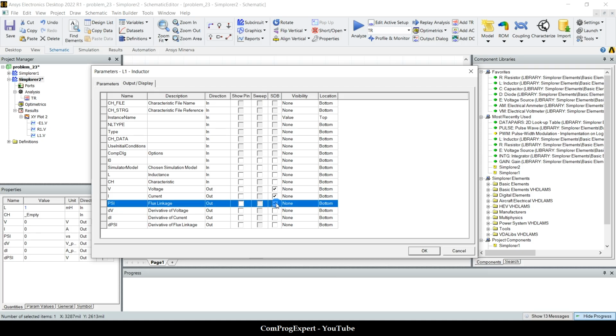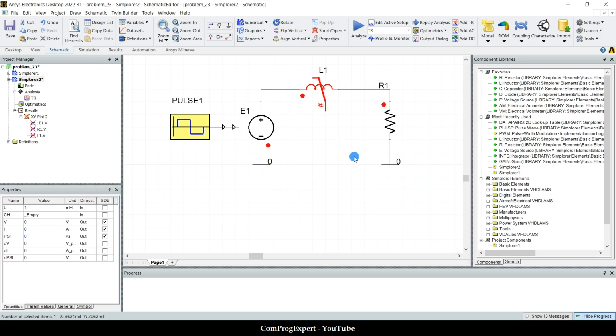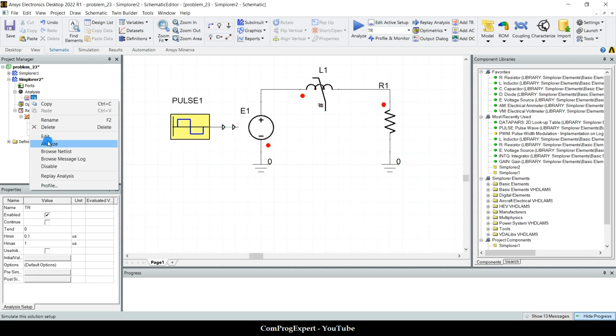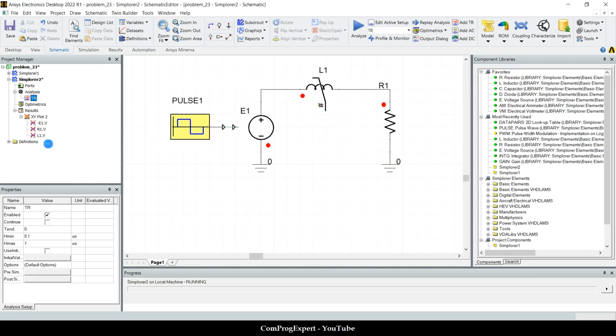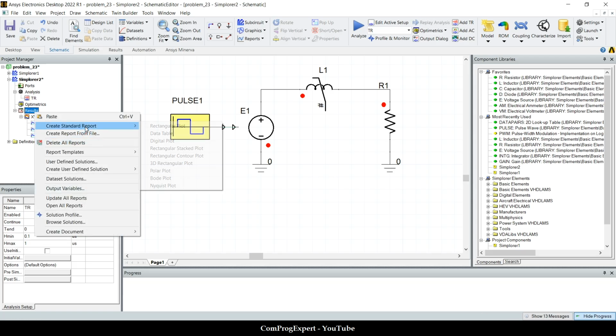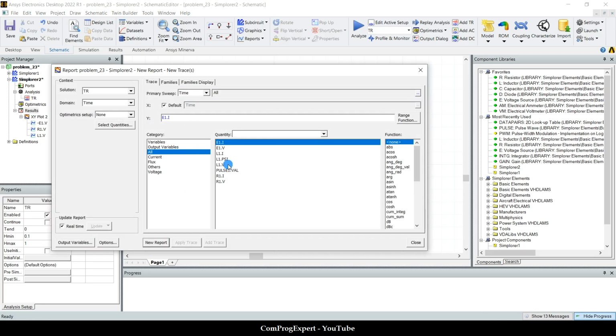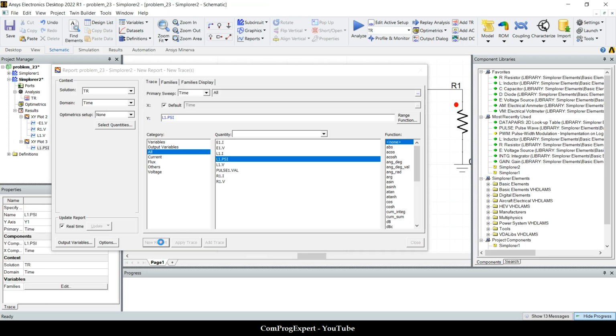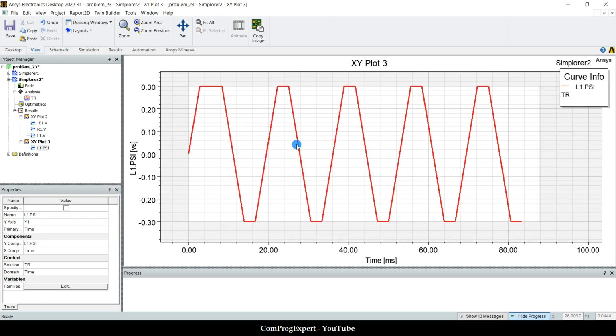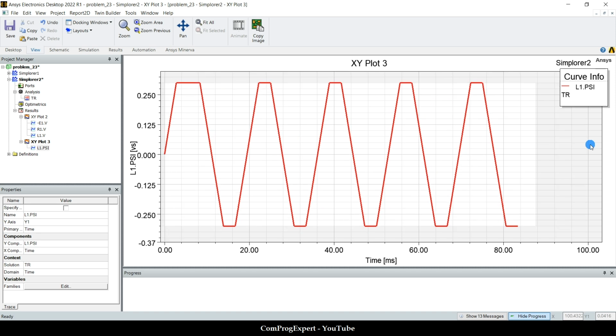I am going to have the flux linkage of the coil in the outputs also. So let's analyze the problem again. I want to plot the flux linkage of the inductor L1, psi, the flux linkage. So here you can see the waveform of the flux linkage.